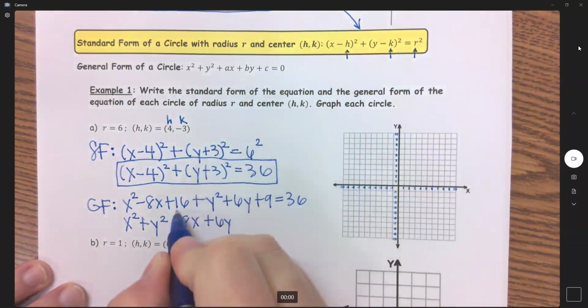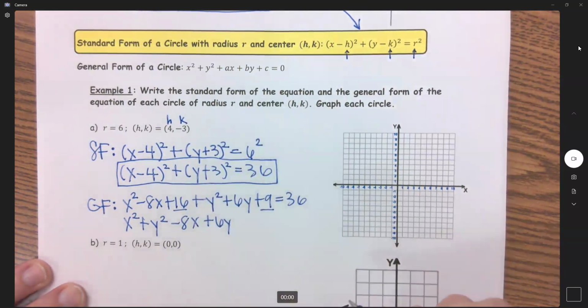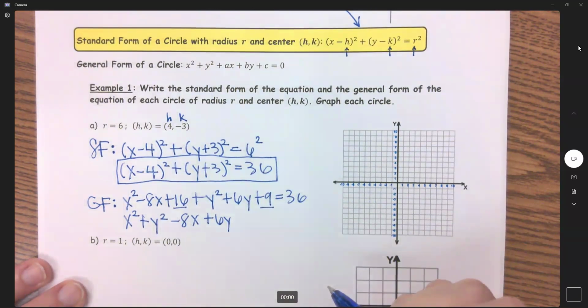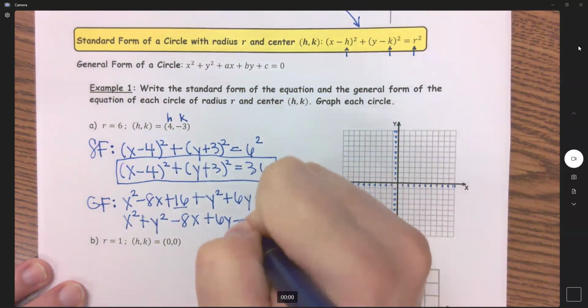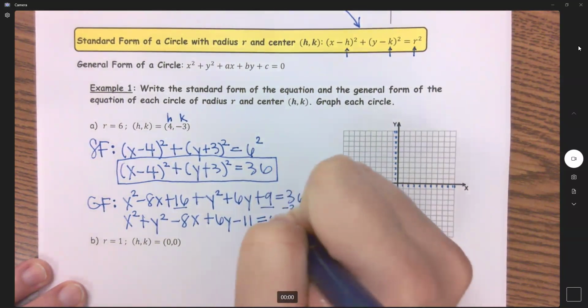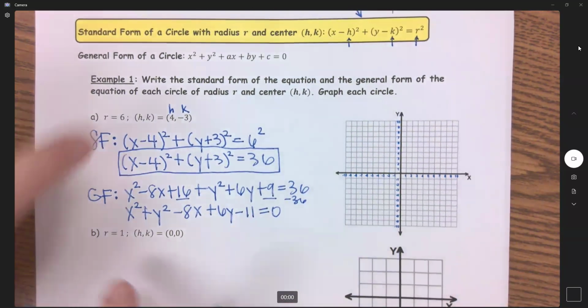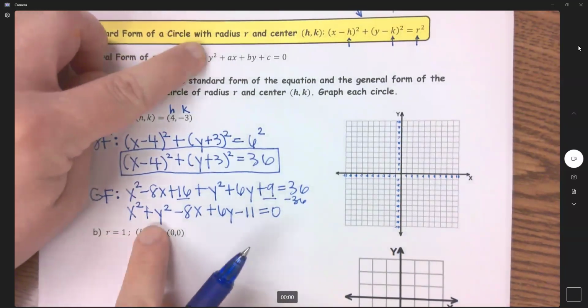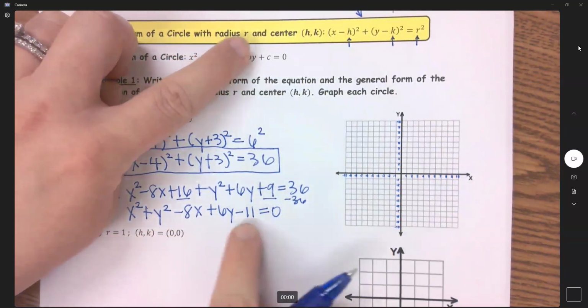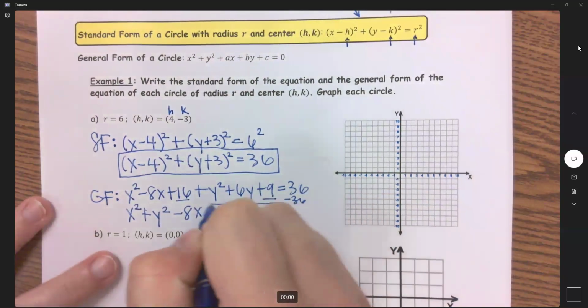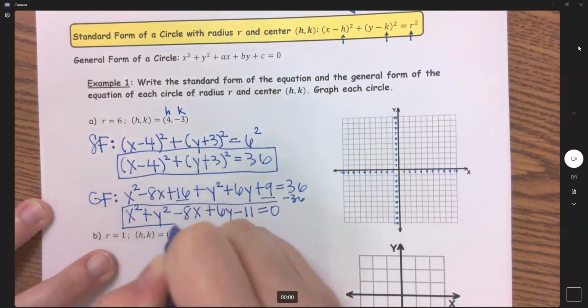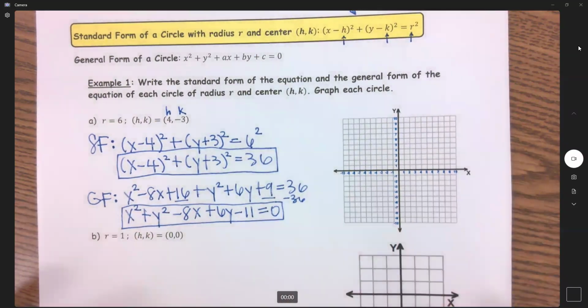So we can combine 16 and 9 to get 25. And then I'm going to subtract 36 over, so minus 11. And now that equals 0. So it is now x squared, y squared, x, y, constant equals 0. And so there's my general form.